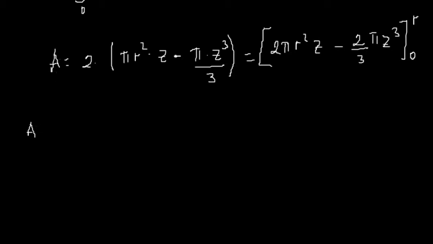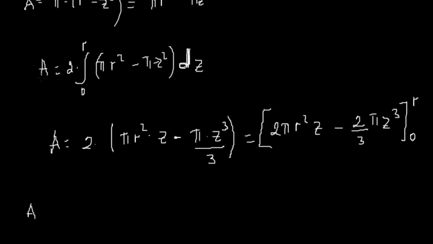Sorry, it's not area; when we are integrating, it's going to give us volume. Because we are taking into account the area of all the slice circles, the integrated value at the end is going to give us the volume.